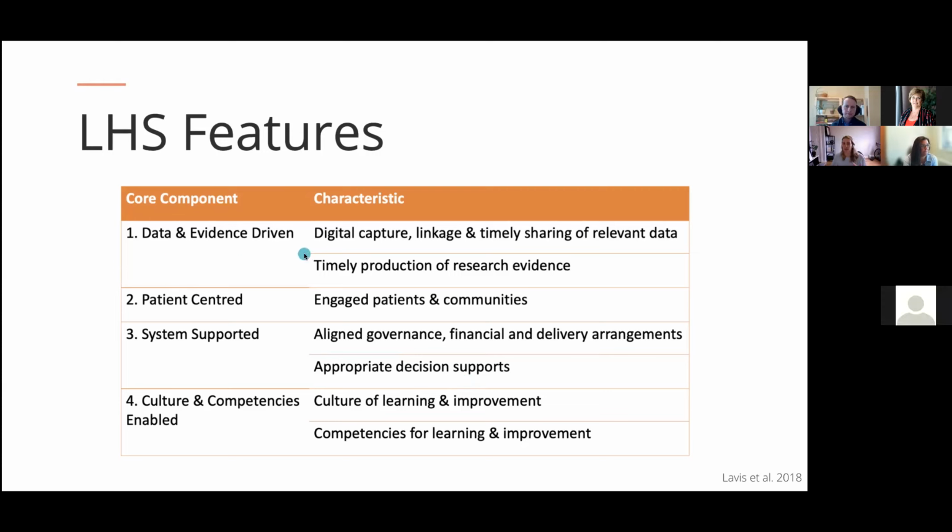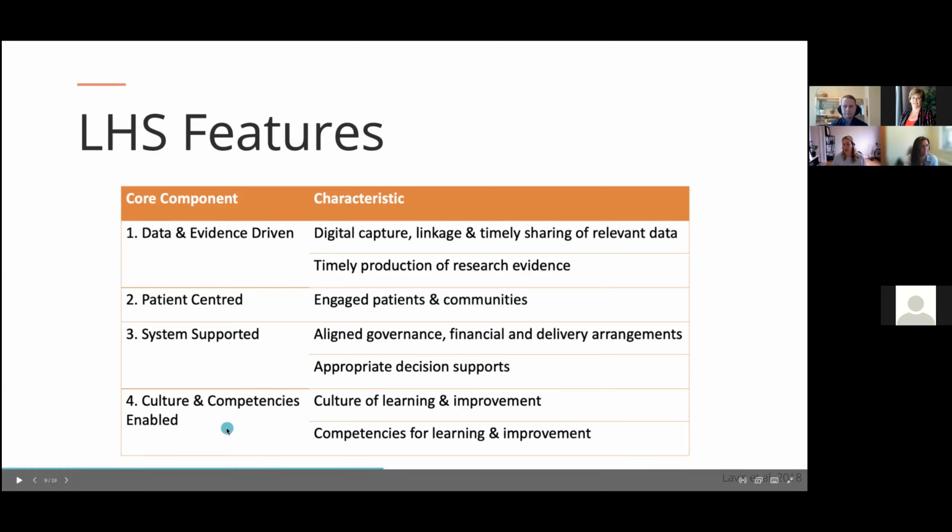So this can include having digital capture, linkage, and timely sharing of data, as well as timely production of evidence. A learning health system should be patient-centered, so having patients engaged in that research system process. A learning health system should be system supported, so having governance and financial arrangements, as well as appropriate decision supports to support a learning health system.